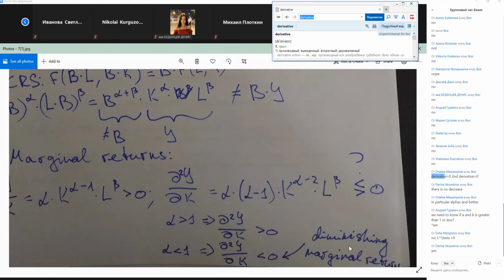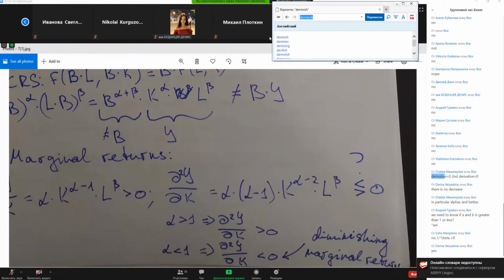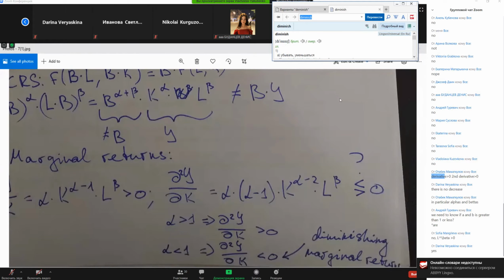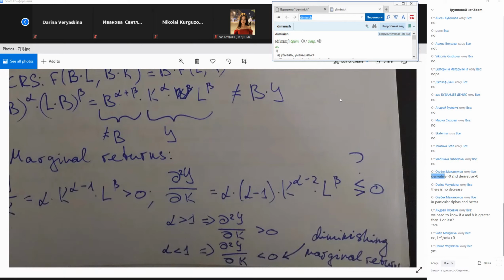And in this task I didn't really put information about alpha and beta because we don't need it anymore. We know that it's not a neoclassical function, so alpha and beta don't really matter because it failed on the first condition, and we can just forget about it.